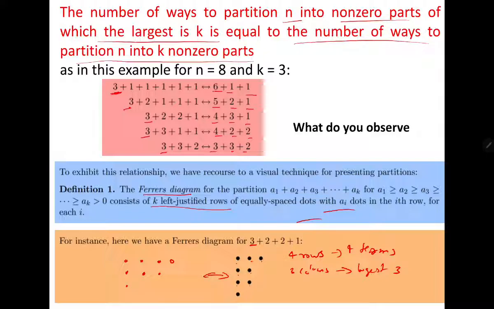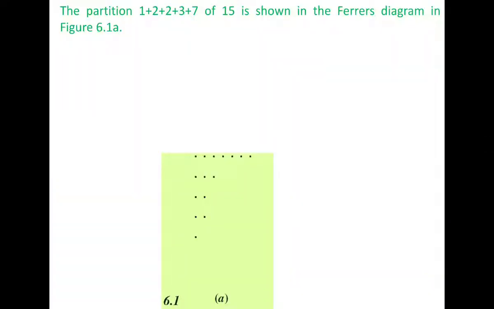It means that here the largest is 3, and the partition would be 4 plus 3 plus 1, so 3 terms are used. So there is a one to one correspondence between partitions of n where the largest is k and partitions of n into k non-zero parts. It would be clear if we see here.